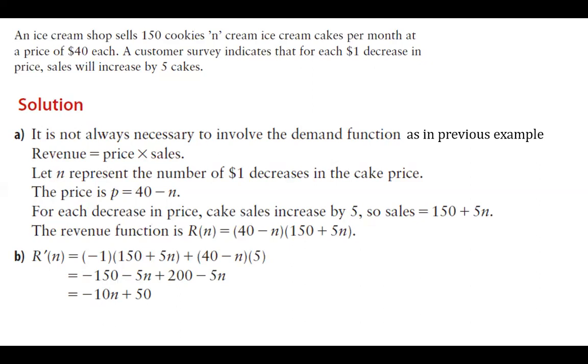So we just express the revenue function in terms of n. n represents the number of $1 decreases in the cake price. Okay, next, we want to find the marginal revenue. So marginal revenue is just the derivative of R(n), which can be calculated as negative 10n plus 50.